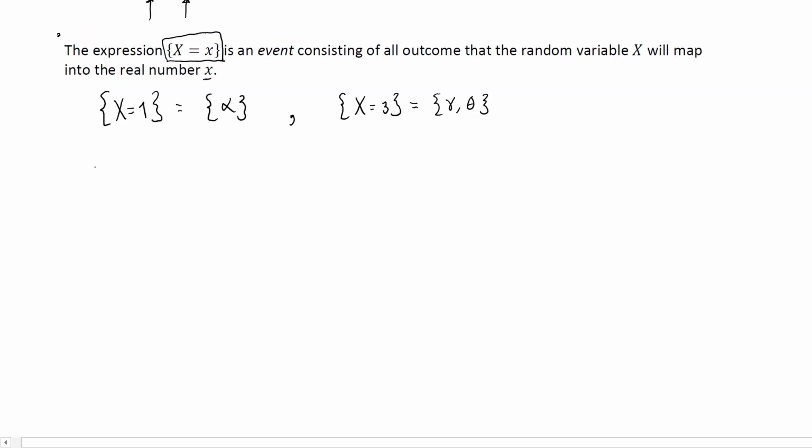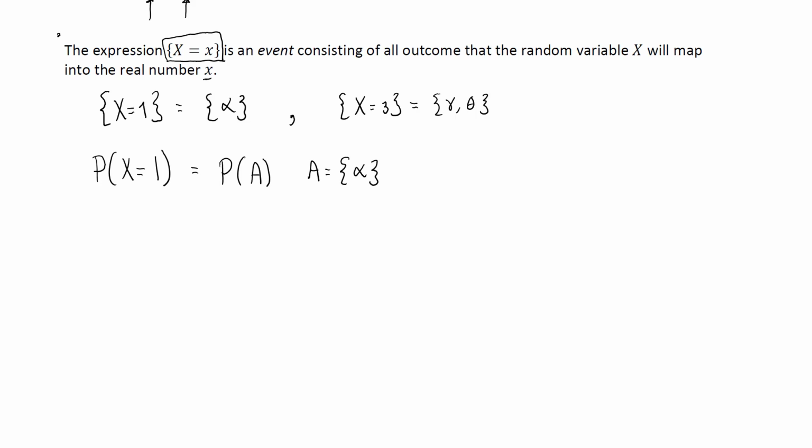With this definition, we can fully define what we mean by, for example, the symbol P(X = 1). What we mean is that this is the probability of an event A defined as the collection consisting of only alpha. If each outcome is equally likely and we have 4 possible outcomes, that means that this probability P(X = 1), which is the probability of A, is 1 over 4 in the case of all outcomes being equally likely.